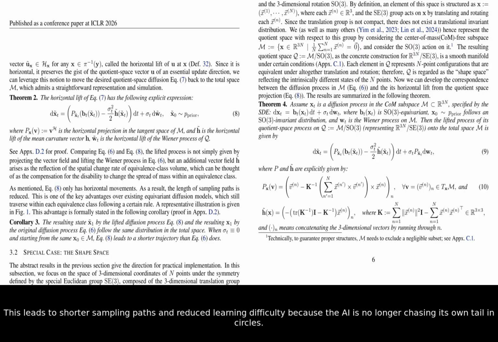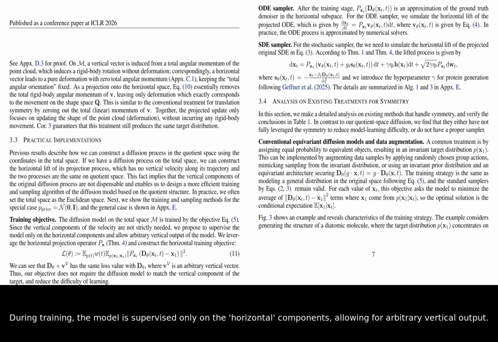This leads to shorter sampling paths and reduced learning difficulty because the AI is no longer chasing its own tail in circles. As the paper notes, this advantage is formally stated as a way to achieve shorter trajectories during the generation phase. During training, the model is supervised only on the horizontal components, allowing for arbitrary vertical output.